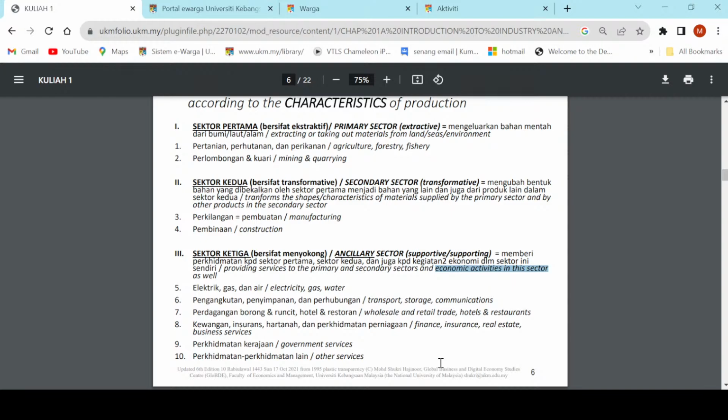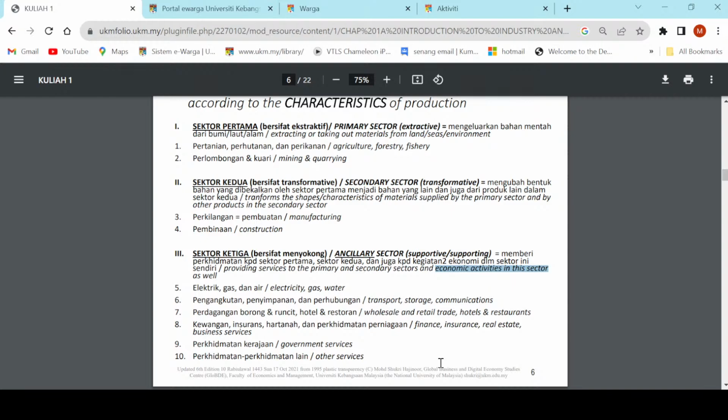I need gas, I need water. So it means that the third sector, which is the tertiary sector, also provides services to other activities within the sector as well. So in fact, they give supporting services to all other activities and also within.